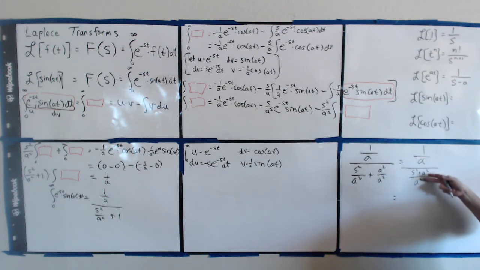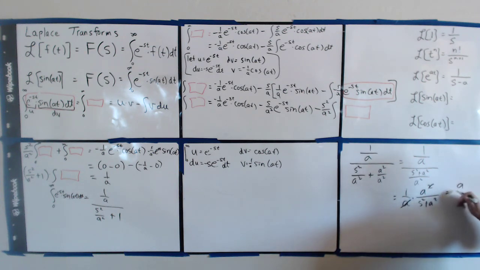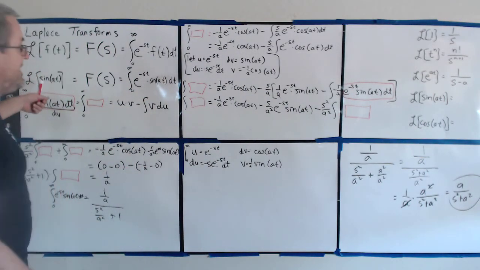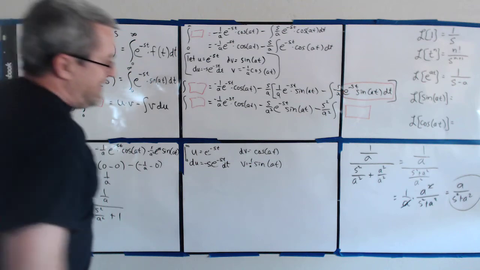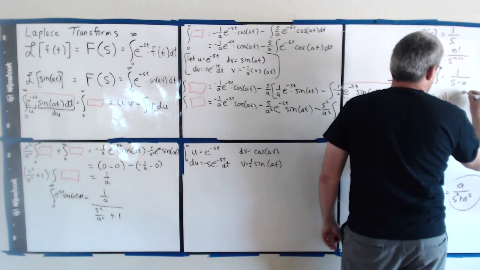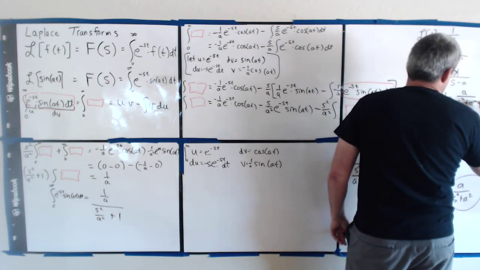Now, fraction divided by fraction. Let's invert and multiply. Look at that. The Laplace transform of the sine of at after all that work is just a over s squared plus a squared.